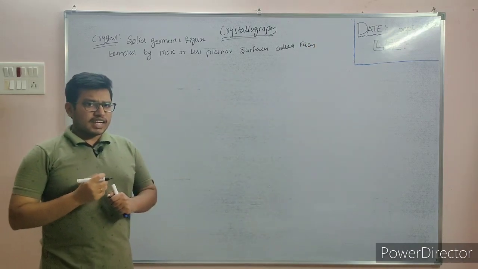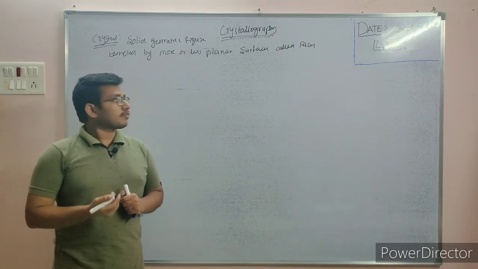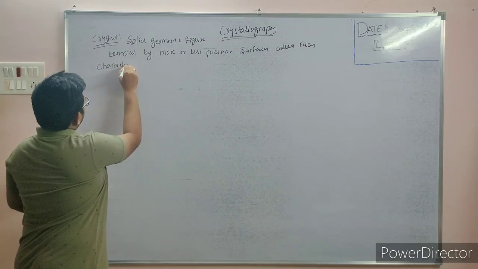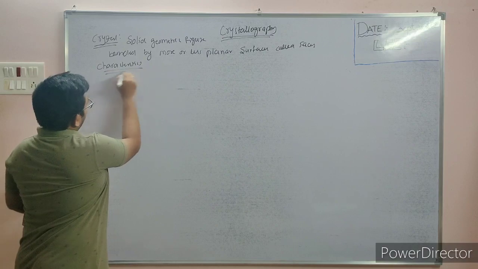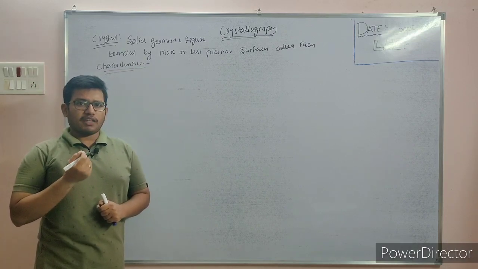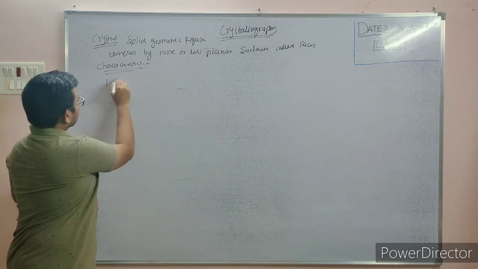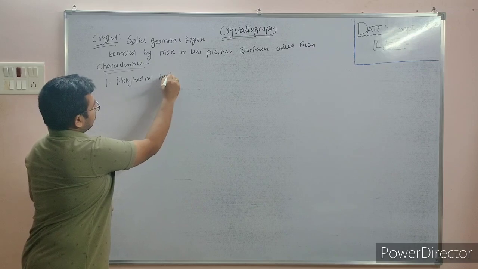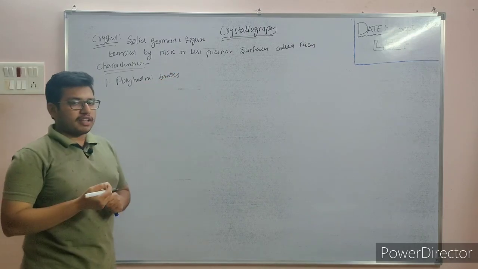So what are the general characteristics of a crystal? First one is crystals are polyhedral bodies. What are polyhedral bodies?